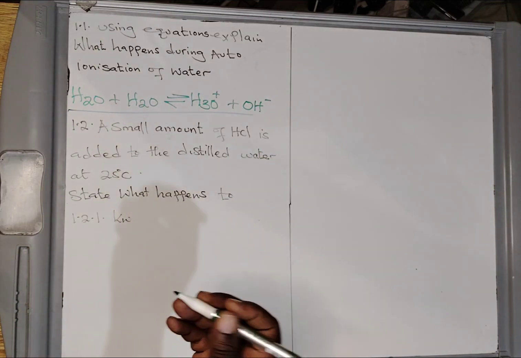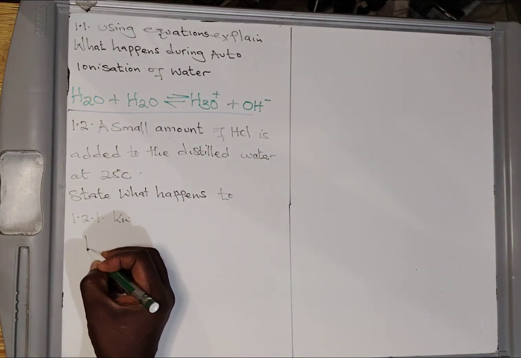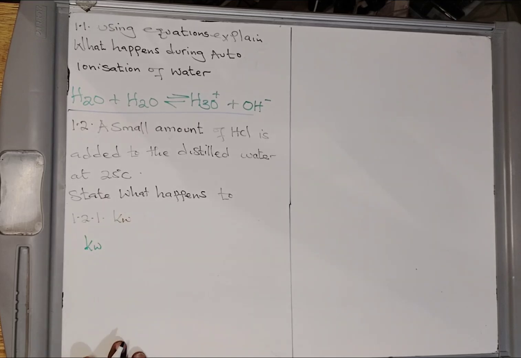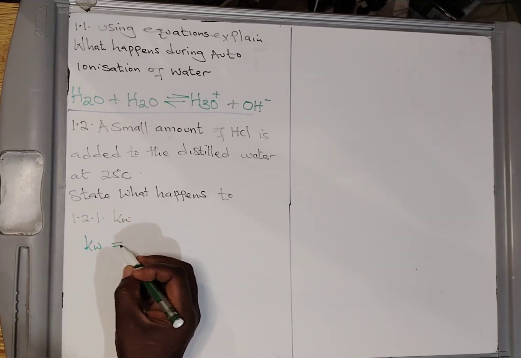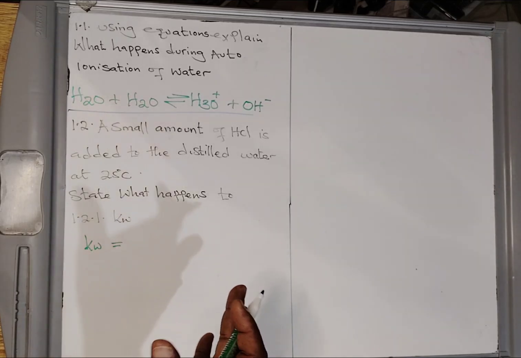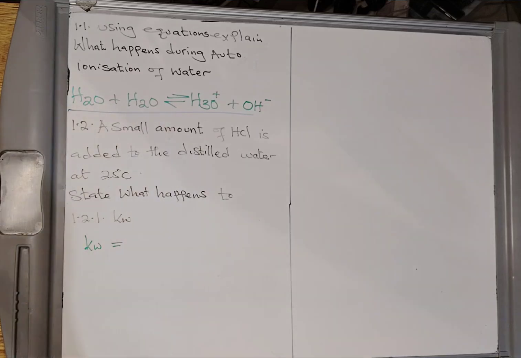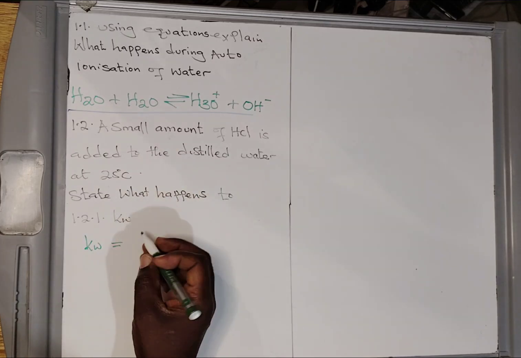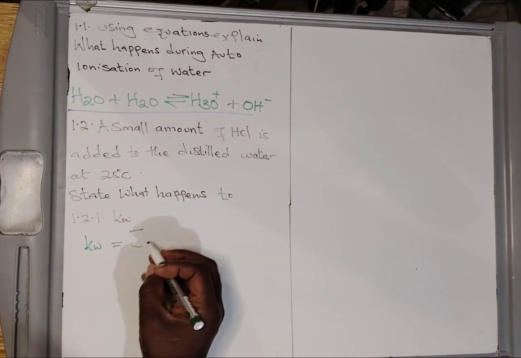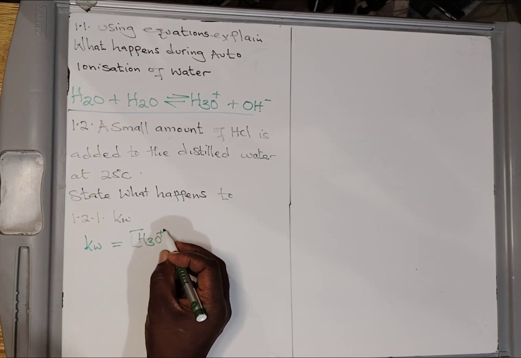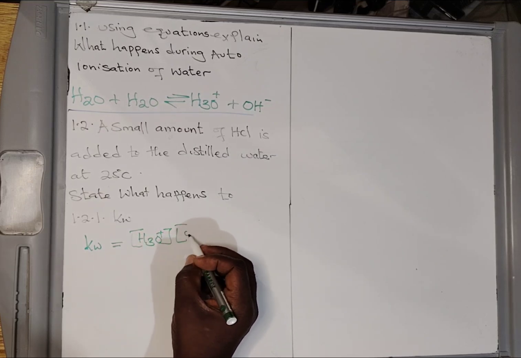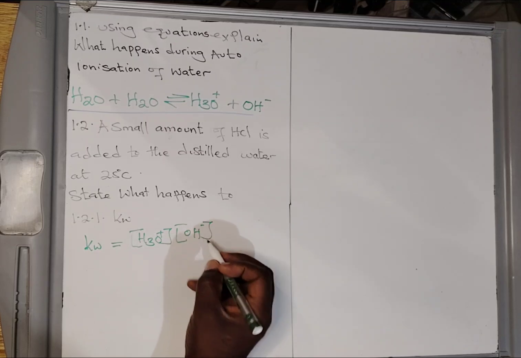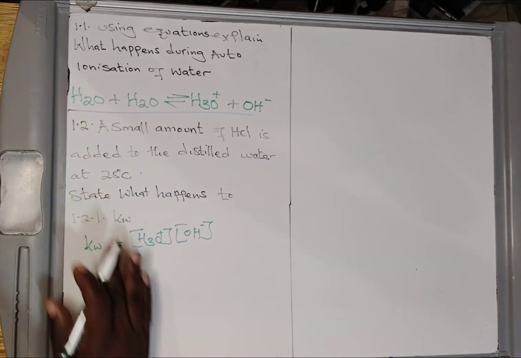So if it's weakly ionized, it means that the amounts of hydronium ions and hydroxide ions are very few. Under that circumstance, when you come to write the ionization constant of water, remember it's the same as the normal Kc we know. It's supposed to be the product of the concentrations of the products, and we're supposed to put it over the reactants.